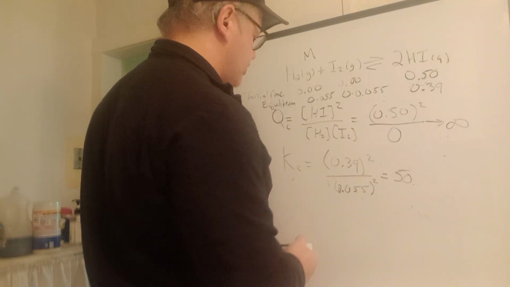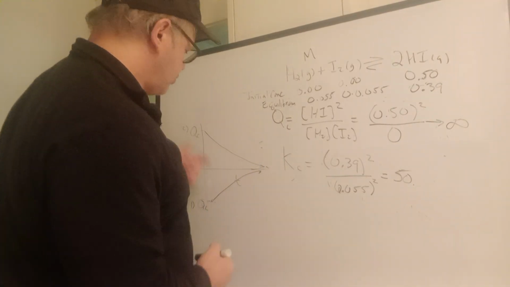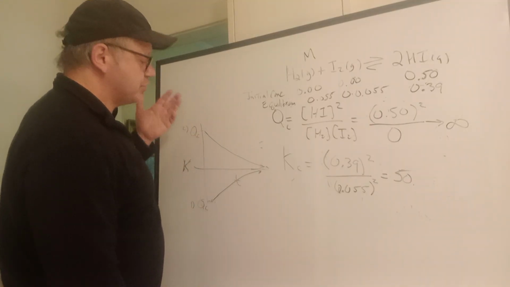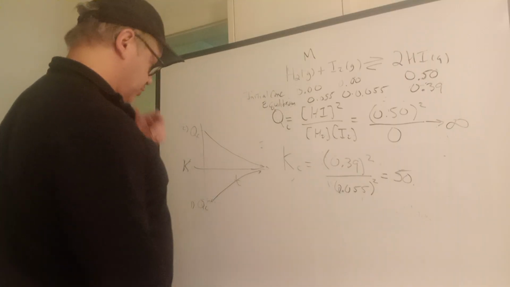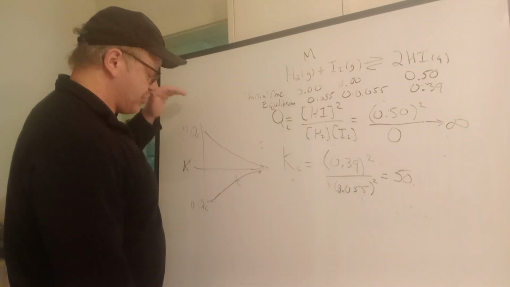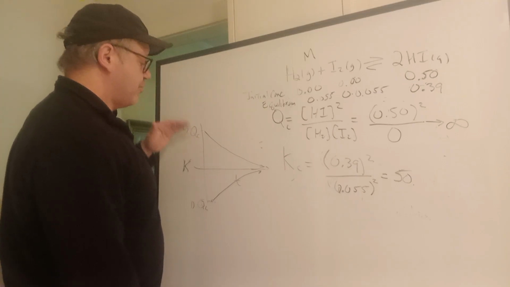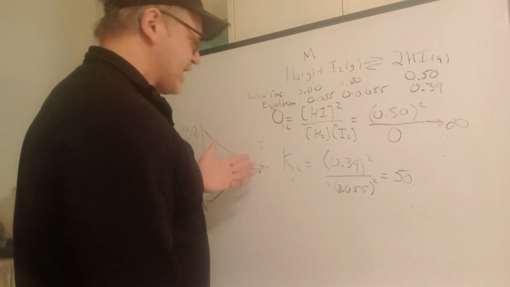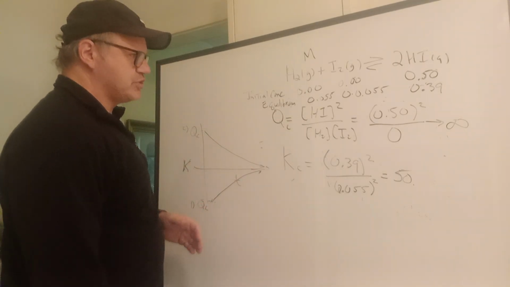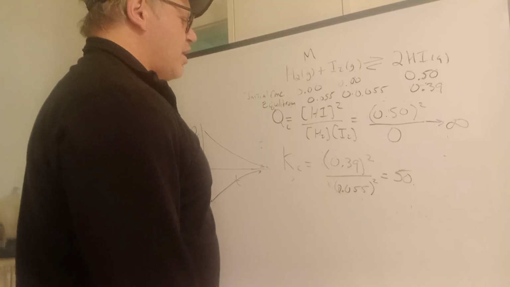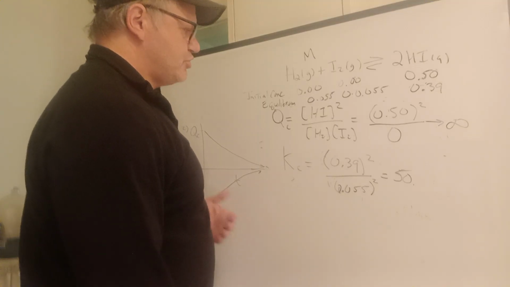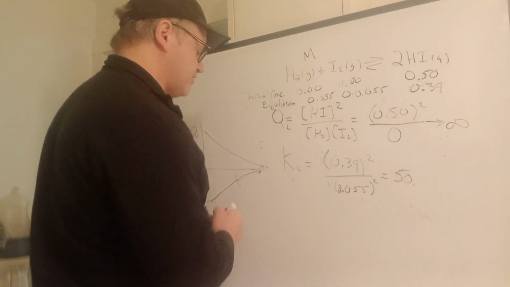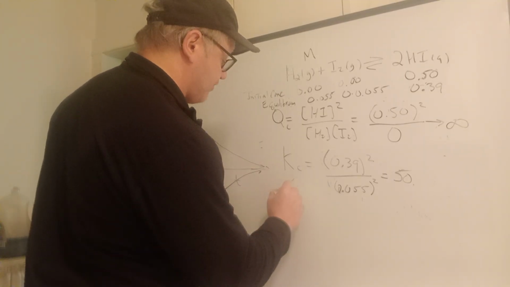But we converge over time to the same equilibrium constant, whether we started as far above it as we could, at the theoretical limit of infinity for Q, or below it, at the lowest value you could have. You'll never have a negative number, but 0 would be the lowest. So I took it to the extreme to show that, provided you can achieve equilibrium, you will achieve the same equilibrium constant as a function of temperature.